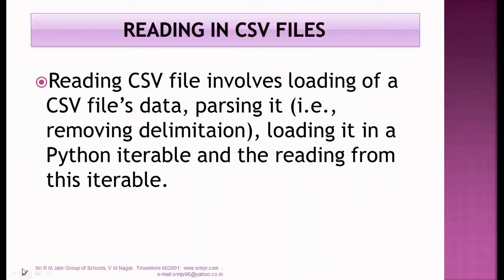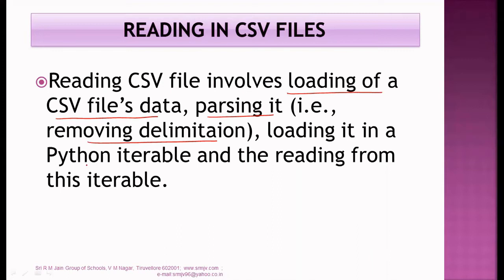Reading CSV files involves loading of CSV file data, that is parsing, by removing your delimitation. When you are writing, it has been attached with a delimiter. When you are reading, it parses and removes your delimitation, only the data is being given.